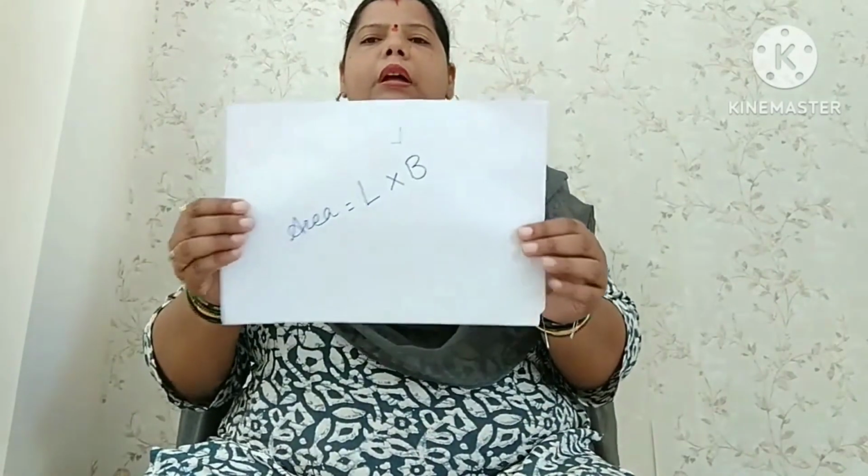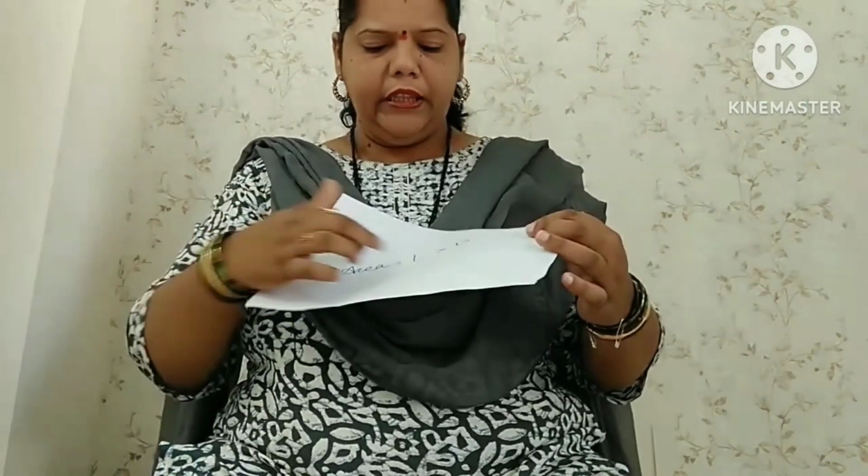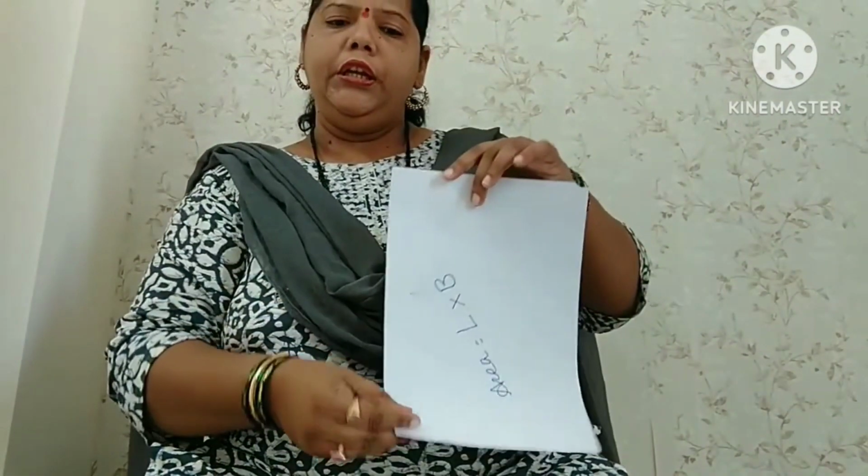So with the formula area length into breadth, the length has changed into the length of a circle. Again, we know the formula, isn't it? What is the formula for length of a circle? Length of a circle is nothing but the circumference of the circle.